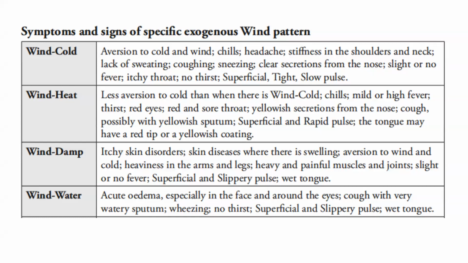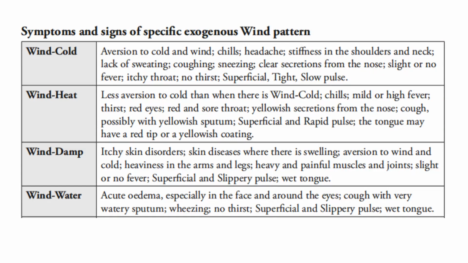In wind cold, there is aversion to cold and wind, chills, headache, stiffness in the shoulder and neck, lack of sweating, coughing, sneezing, clear secretions from the nose, slight or no fever, itchy throat, no thirst, superficial, tight, and slow pulse. In wind heat, there is less aversion to cold than when there is wind cold.